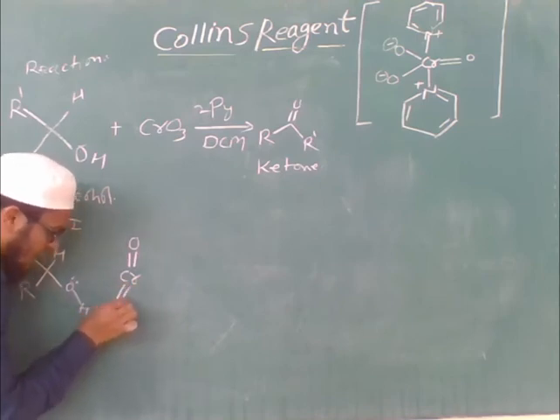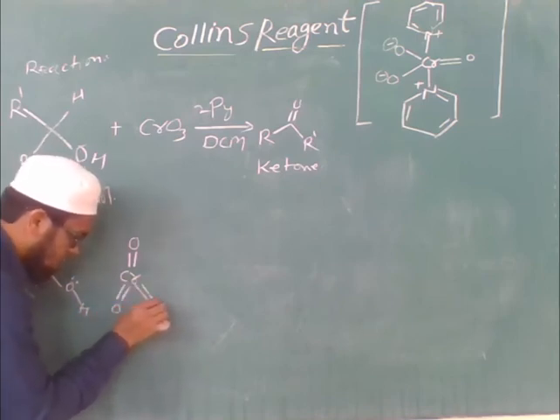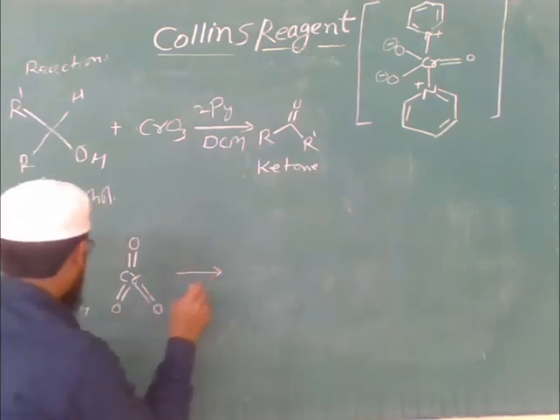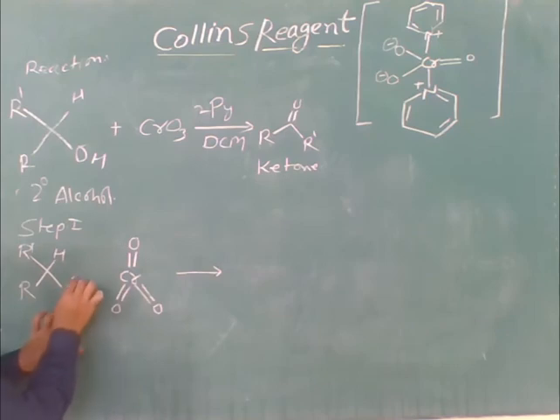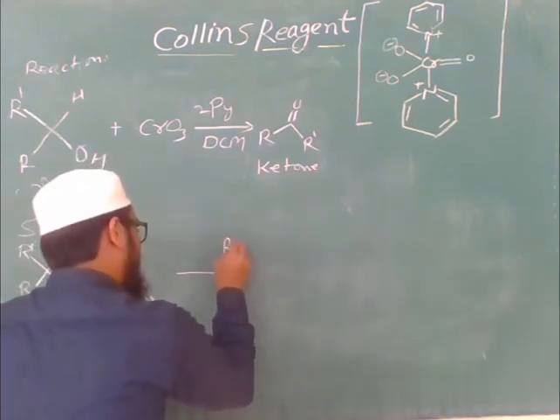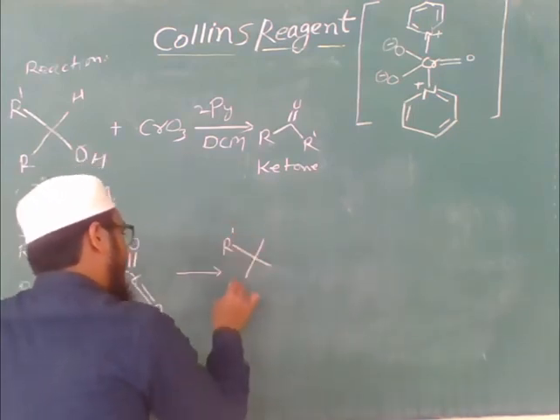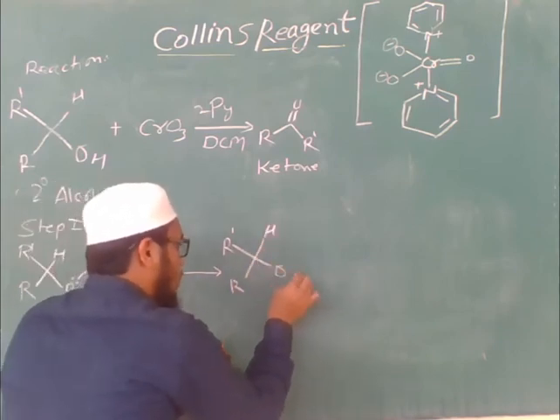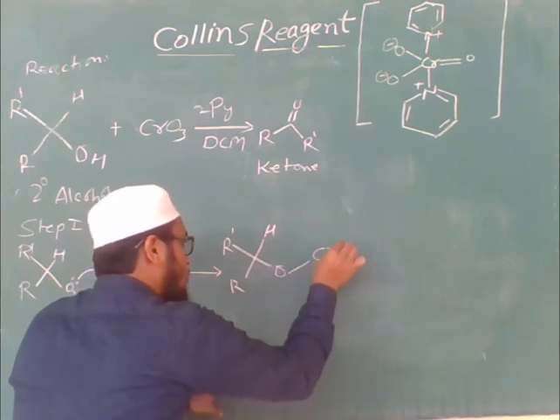What will it do? The hydroxyl oxygen will attack on chromium. This chromium-oxygen bond will break and we will get R dash, R, H, O attached to chromium.